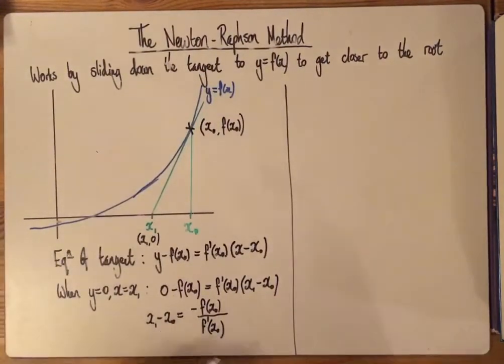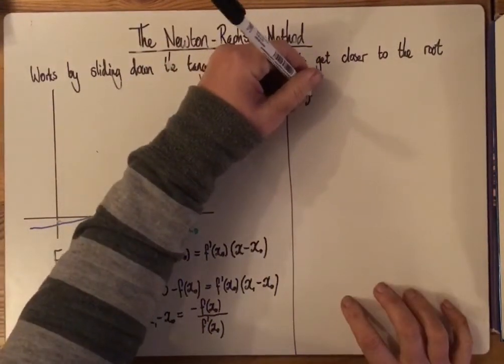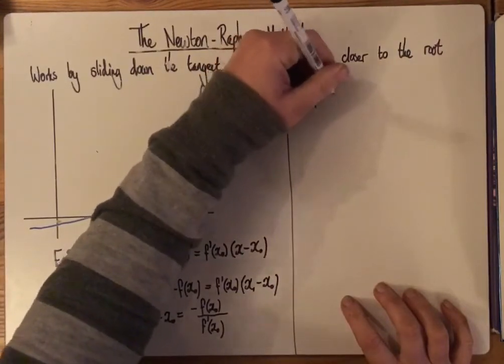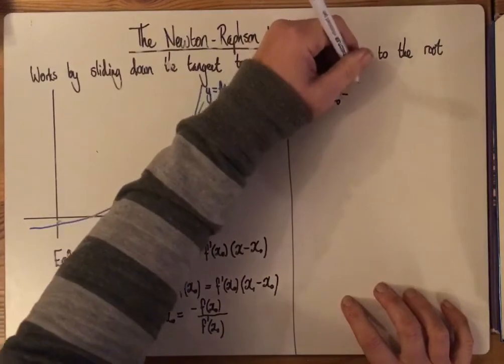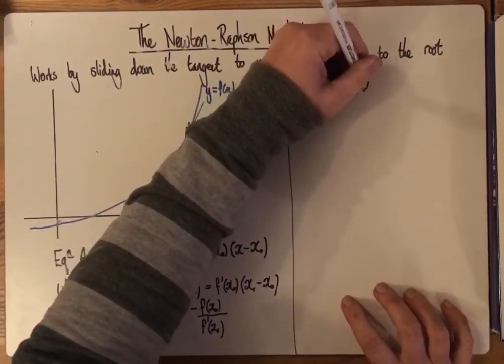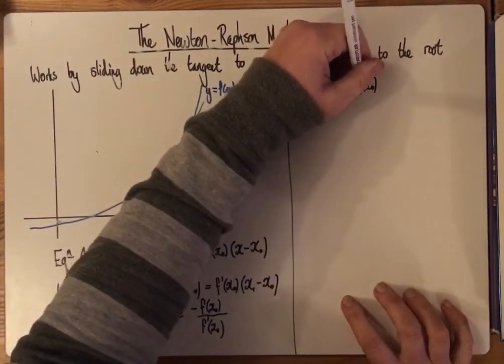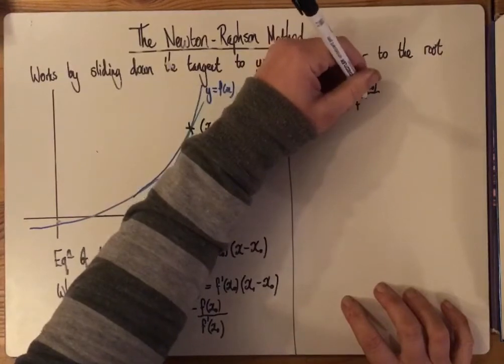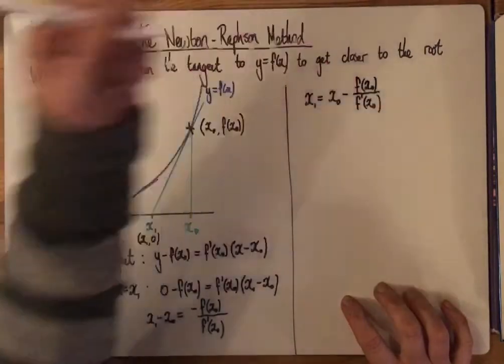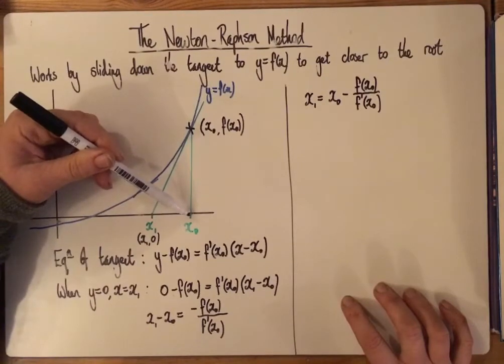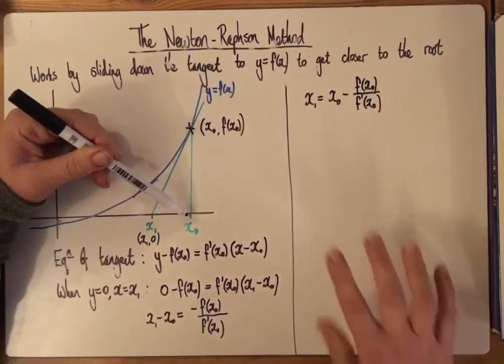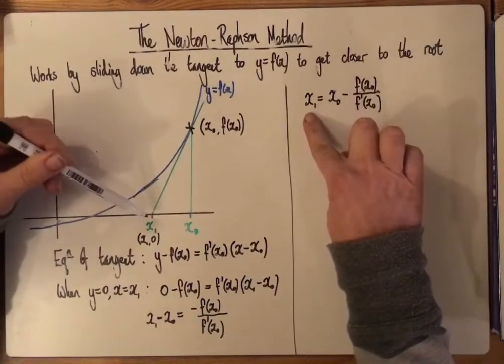And then I can add x0 on. So x1 is the starting value minus f of x0 over f dash x0. So given this one here, you can use this formula to find this one here.